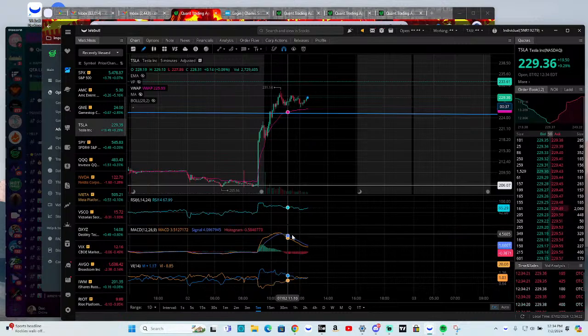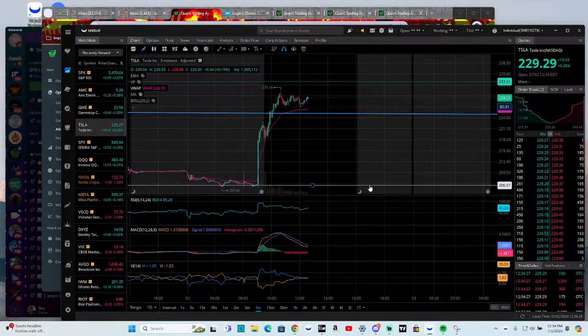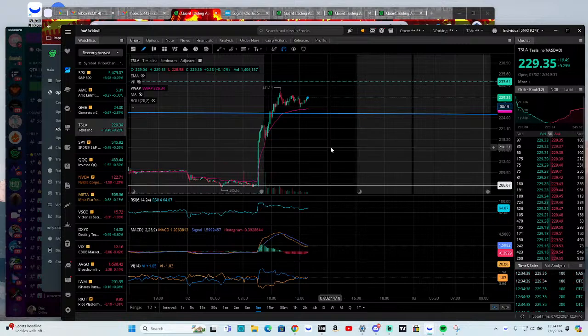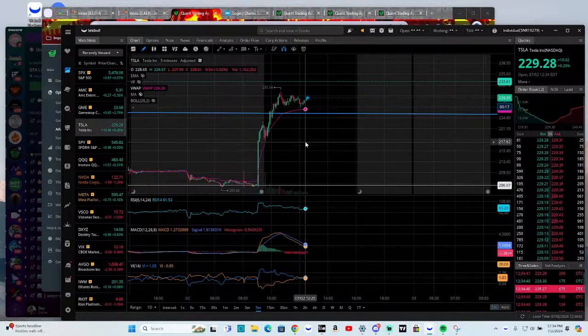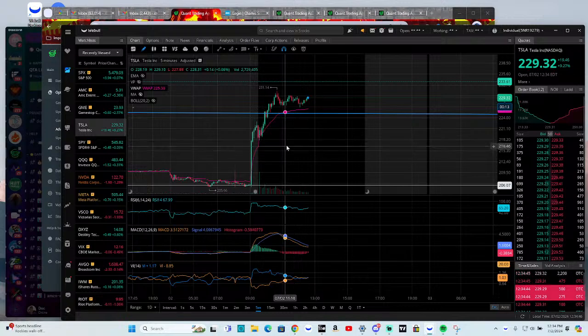The MACD, recharging, staying bullish, but coming back down, allowing room for more to go higher, possibly. So this is why I always encourage people to talk your trades out. Really, if you're alone in the room, great. Talk to yourself. Pretend like you're talking on the phone if you need to. But pretend like you're trying to sell someone the case on why your trade should be good. Right? So you go through all these different data points.